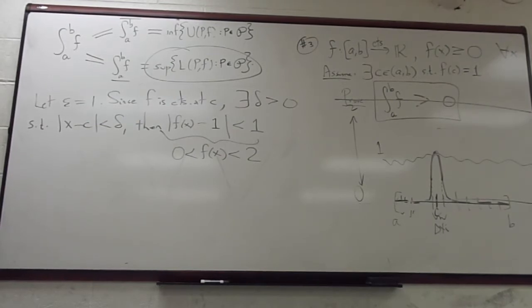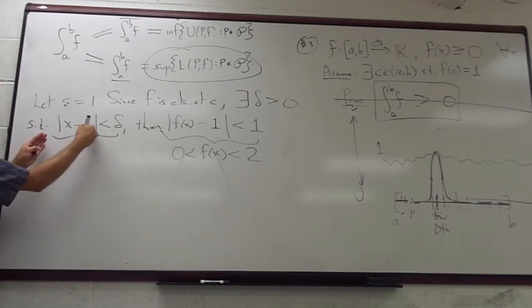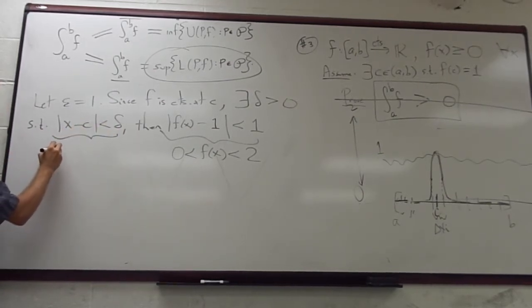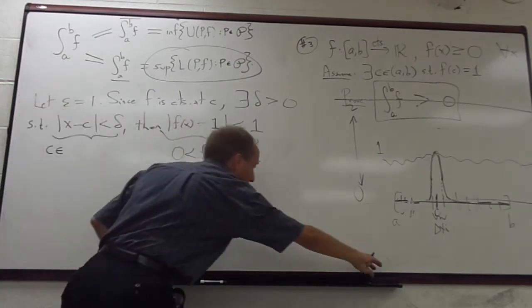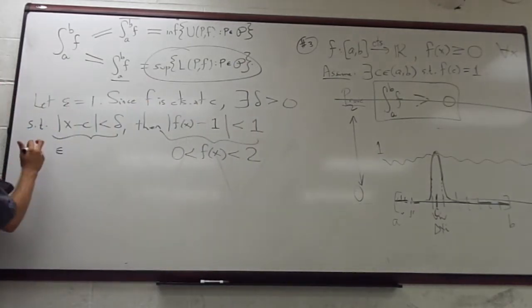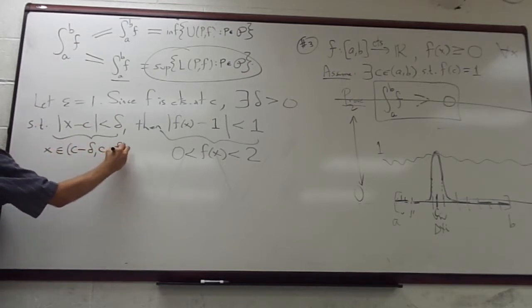Okay, so let me rephrase this right here. x minus c being less than delta is just another way of saying that x is between c minus delta and c plus delta.